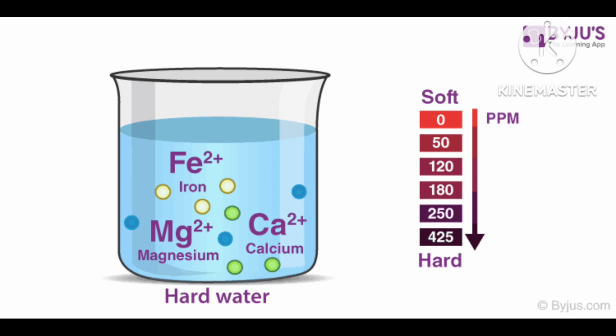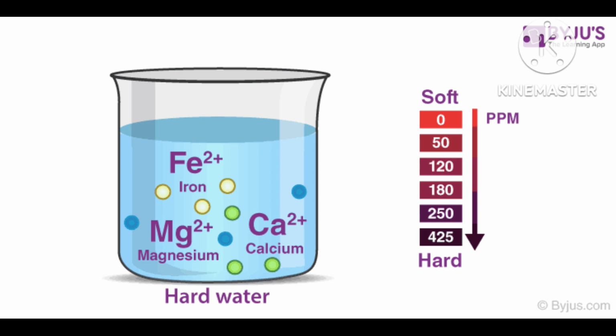Then it is treated with sodium chloride solution, and again you will get 2NaZ plus MCl2. That MCl2 will be in aqueous solution, and NaZ is a solid. Then you can remove it, and again it can be used to get soft water.